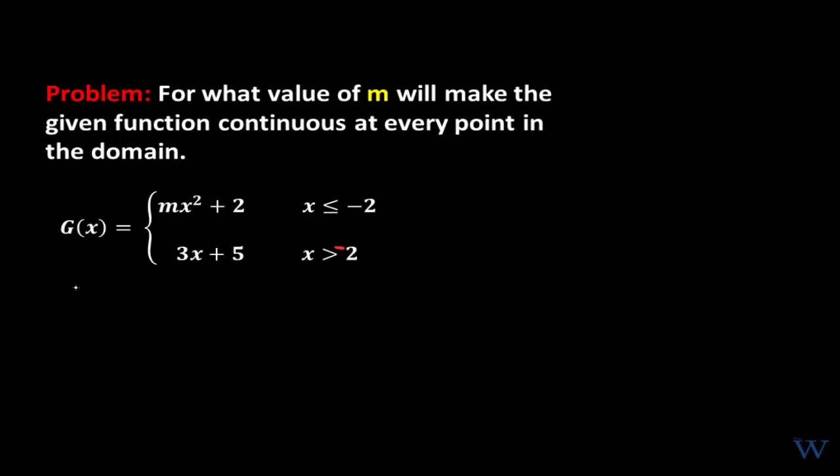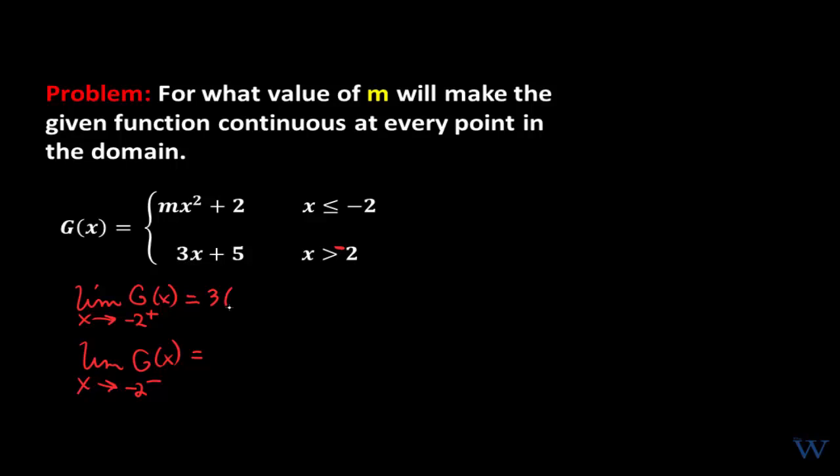So let's see. We want the limit of g of x as x approaches -2 from the right, and the limit of g of x as x approaches -2 from the left. What is the limit as x approaches -2 from the right? That means all the values of x to the right of -2, so we plug it in here.